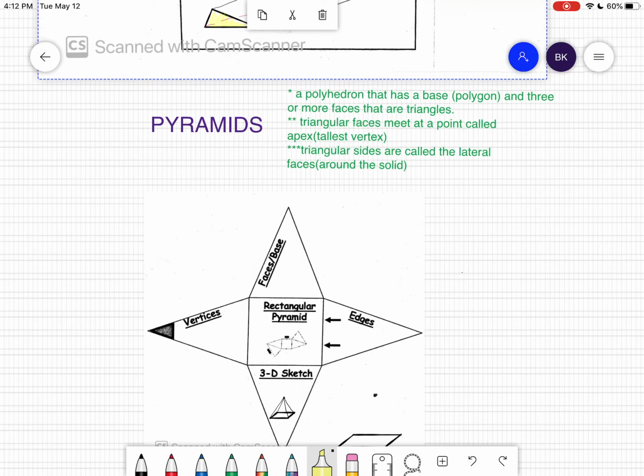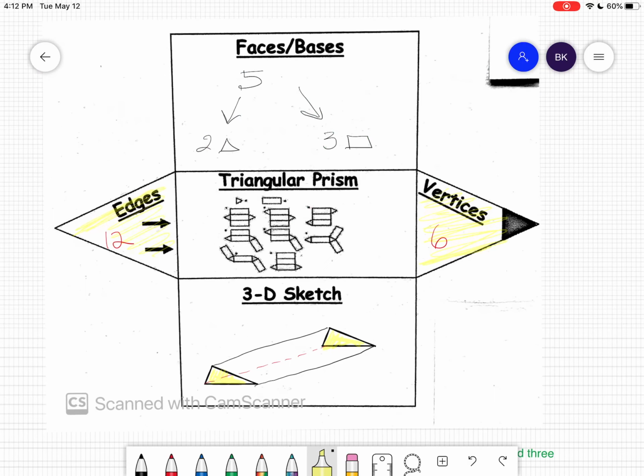The triangular faces meet at a point called apex, or basically we call it like the tallest vertex. And triangular sides are called the lateral faces.